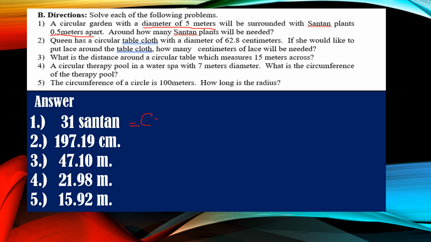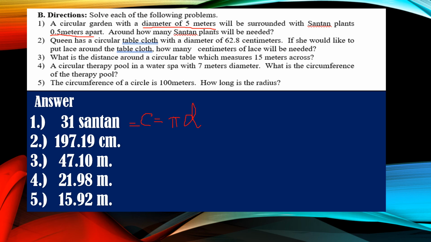C is equal to what? Pi d. Okay? Pi d. So, 3.14 times the diameter, we need 31 santan plants.